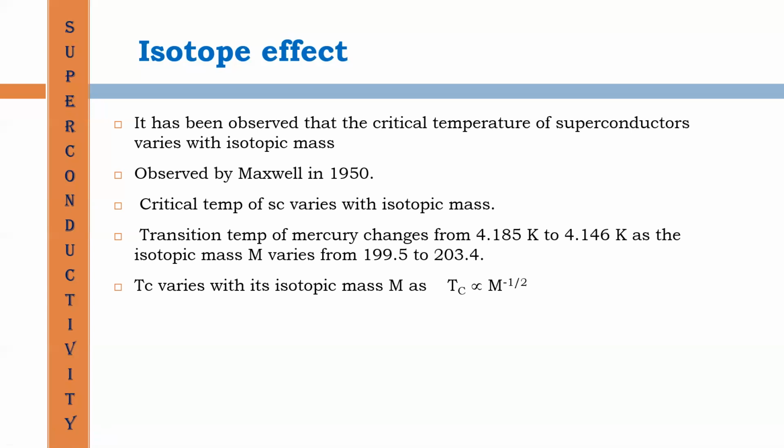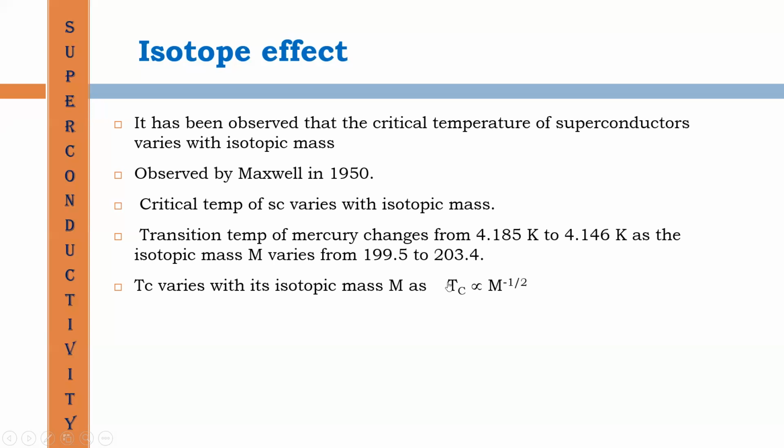In some books, it is written that Tc is proportional to m raised to minus beta, where beta is called the isotopic coefficient, and that value is 0.5.